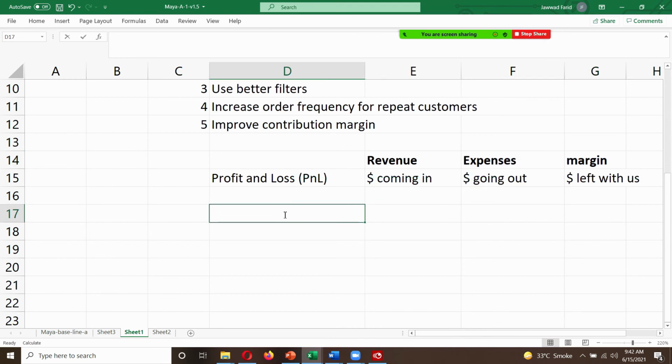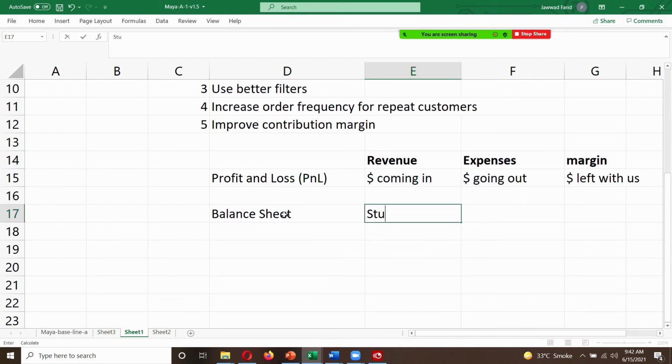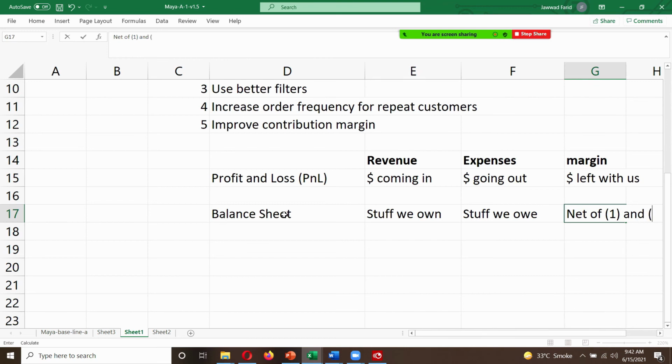Then you got your balance sheet. Balance sheet is stuff we own, so our assets, stuff we owe are liabilities, and net of 1 and 2.